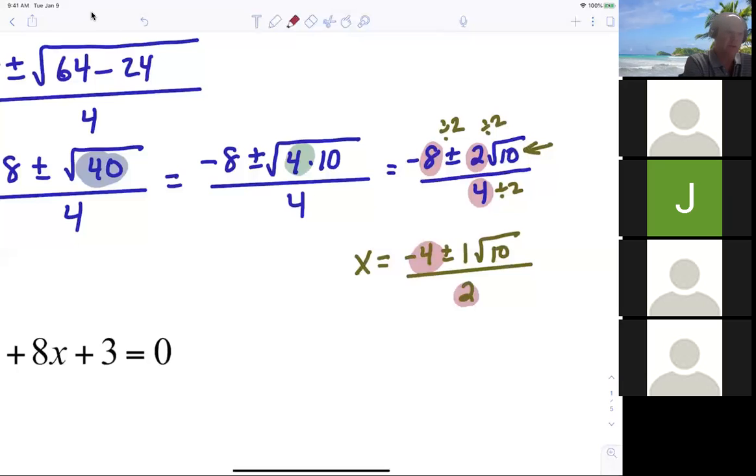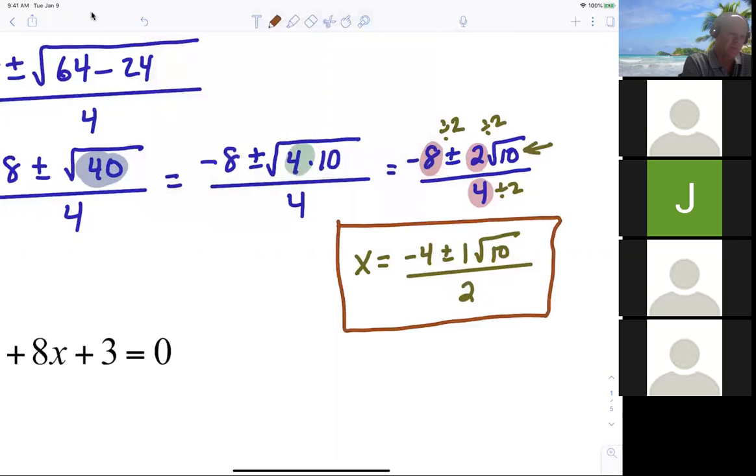And the answer is no, you cannot reduce those, because in order to reduce through addition and subtraction, all 3 numbers have to be divisible by the same number. All right. So that right here is your final answer. x equals negative 4 plus or minus 1 radical 10 over 2.